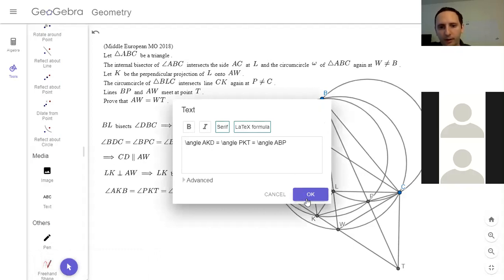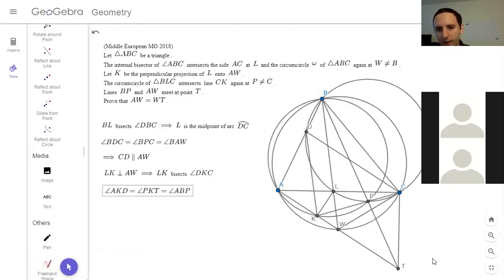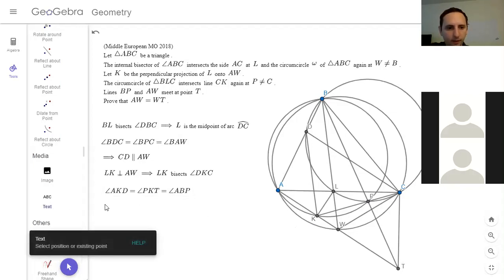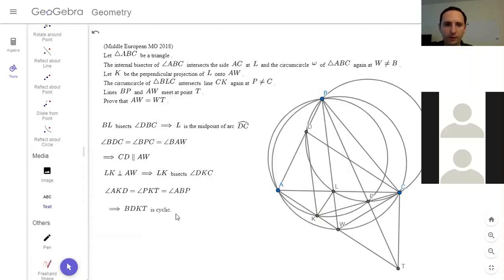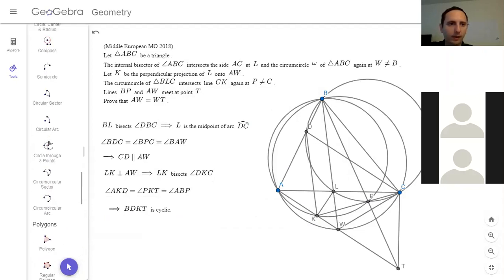AKD, yeah, is equal to PKT, which is ABP. Okay, so that means that BDKT is cyclic. All right. And then it's just power of a point, basically, I think.